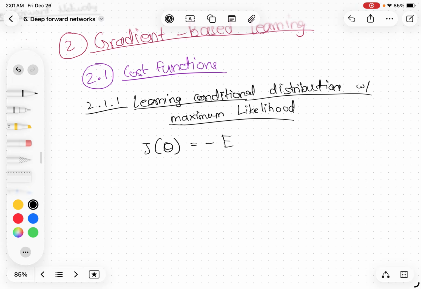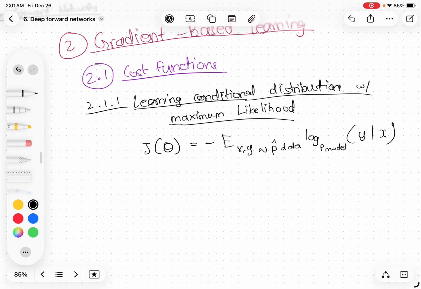Like I said, the actual data and what your model has predicted. So we'll take the cross entropy. Why cross entropy? Because this is the better way to get the difference. So the cross entropy, negative log likelihood of your model p model of y given x. So this is basically it.